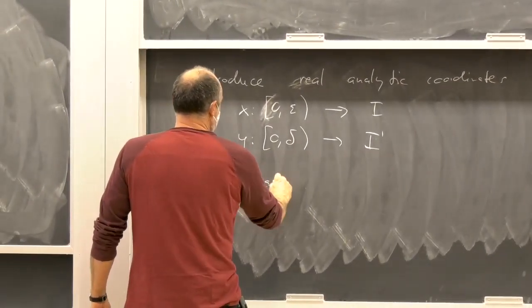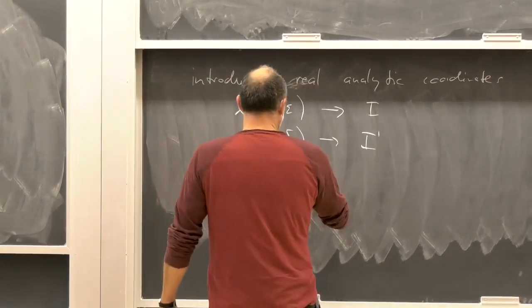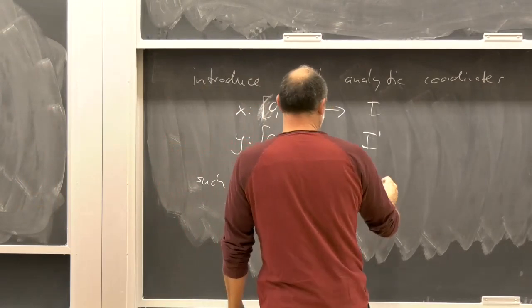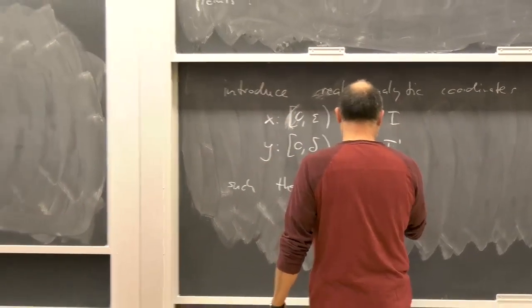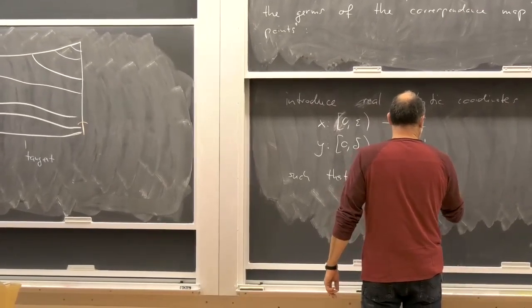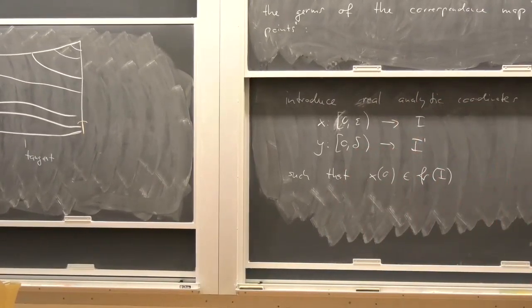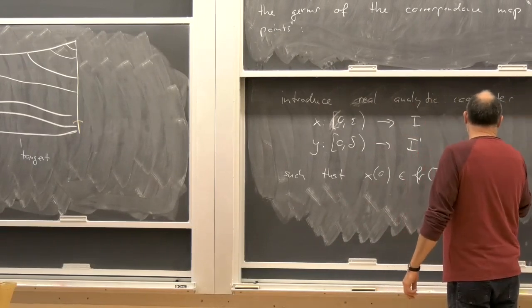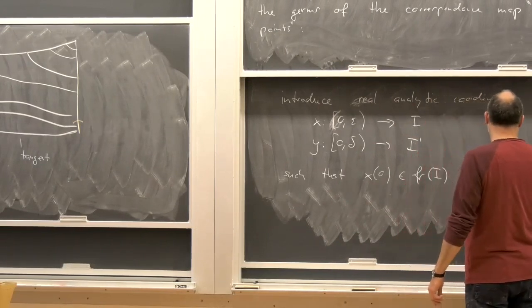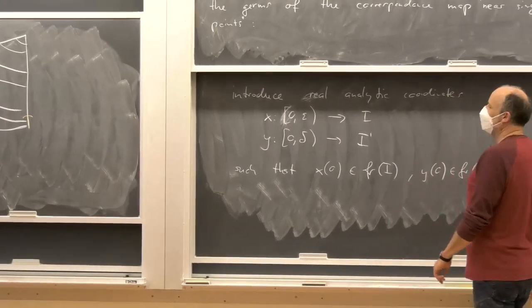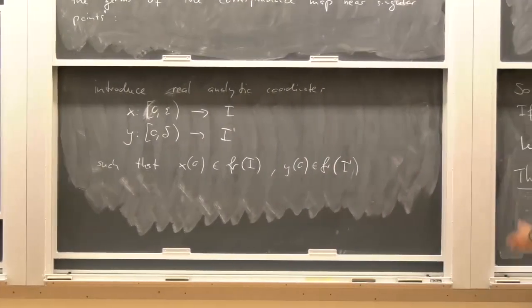Such that x of 0 is a frontier point of my cell C, of the interval I, left or right endpoint of the interval I. Y of 0 is the corresponding frontier point. Well, corresponding, I don't know what that means, but it's a frontier point.